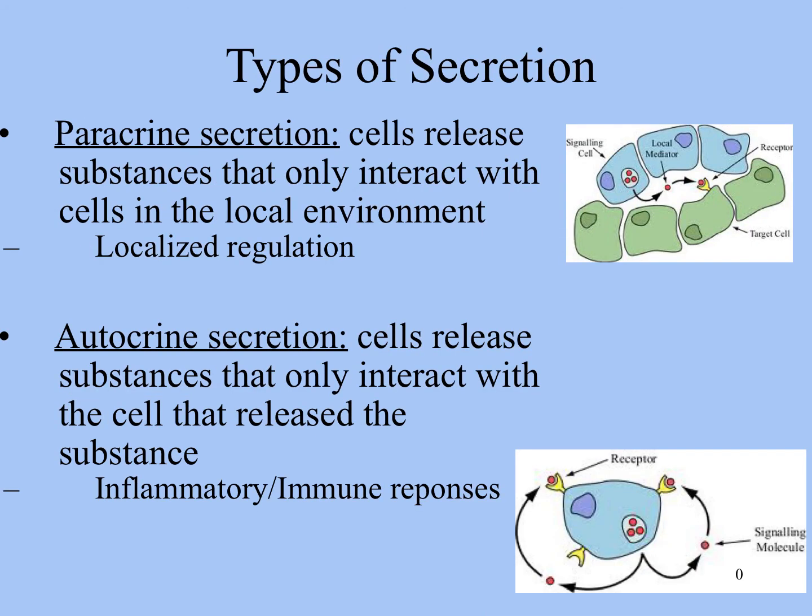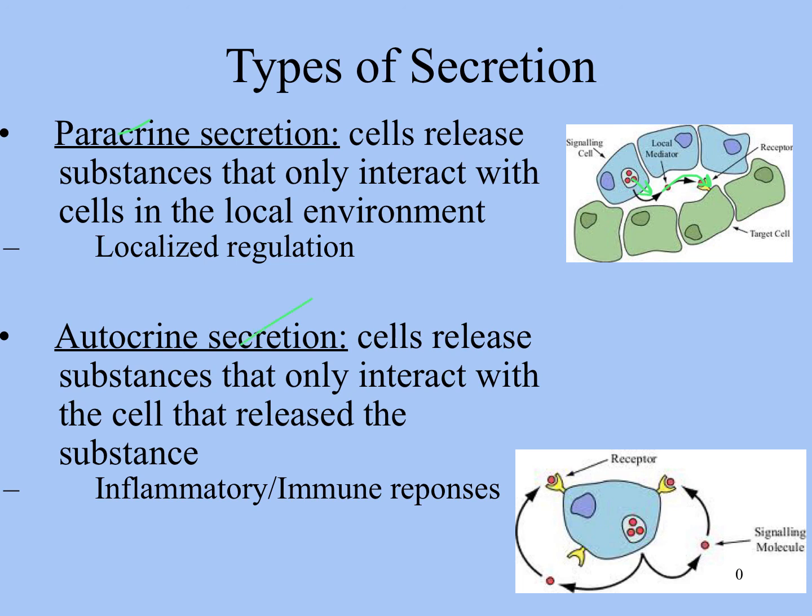Other types of secretion include paracrine secretion, where a product will be released by one cell and will act locally on another cell. Examples of these would be prostaglandins, being released by cells that will go to neighboring blood vessels and cause them to vasodilate and the capillaries to become more permeable, for example.